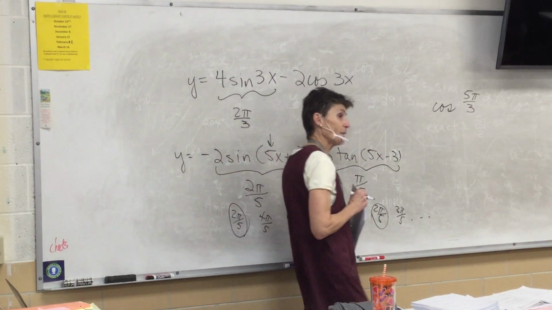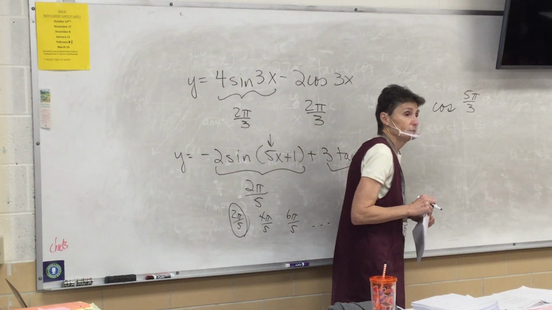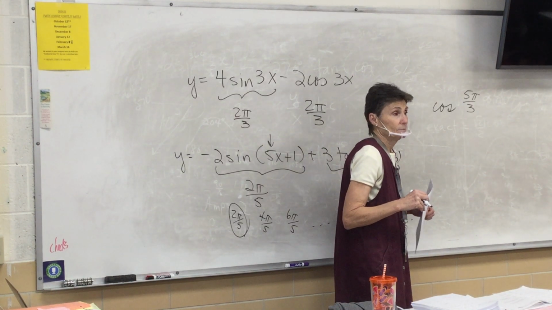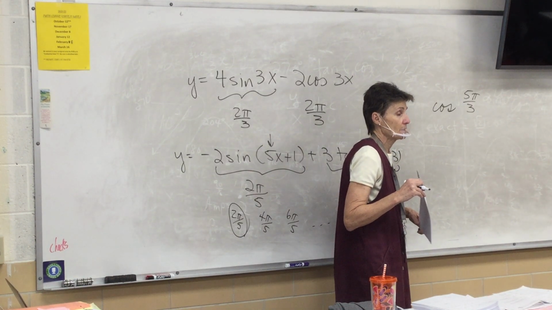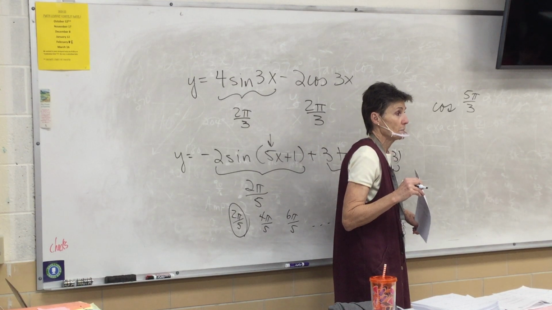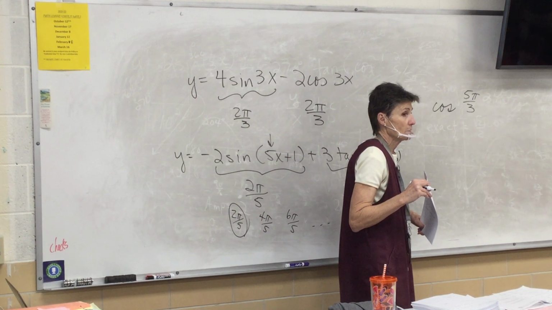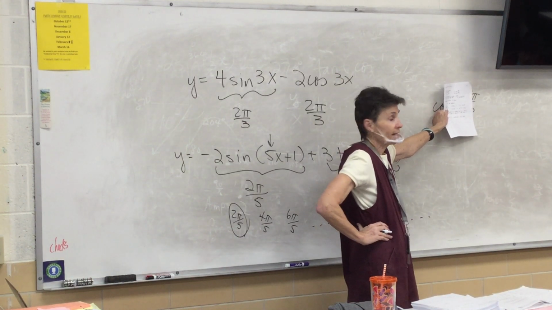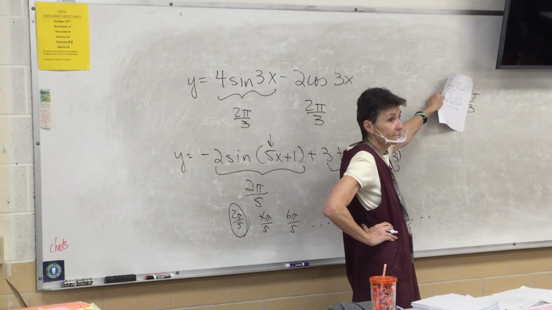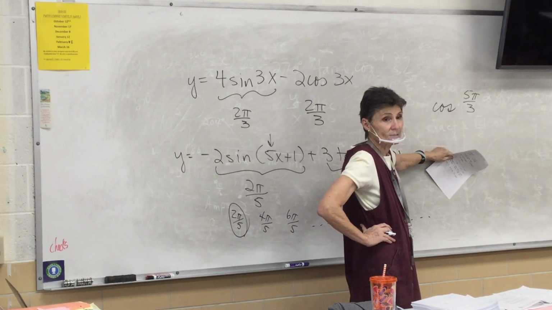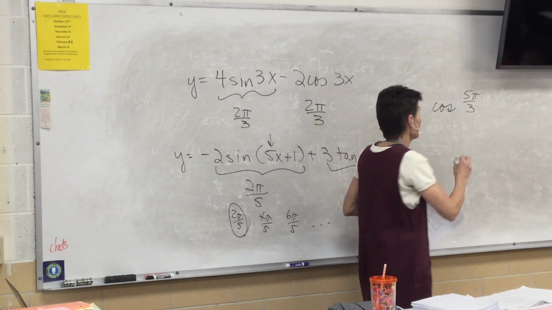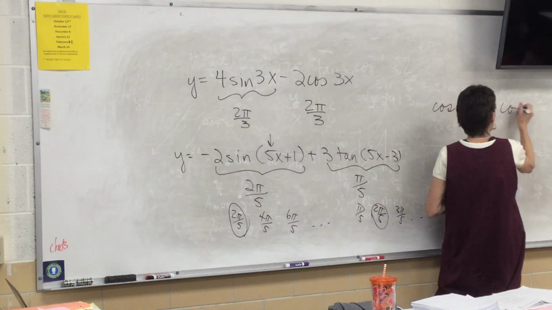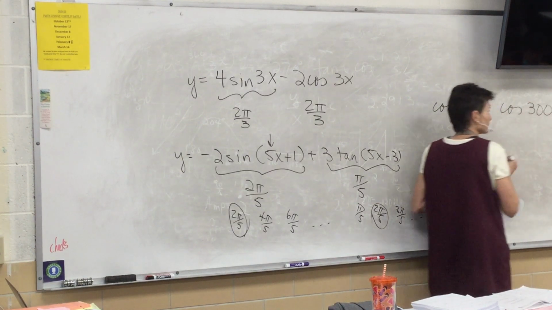So, what's 5 pi over 3? What's pi? 180. 180 divided by 3 is 60 times 5 is 300. Okay? So this is the cosine of 300.